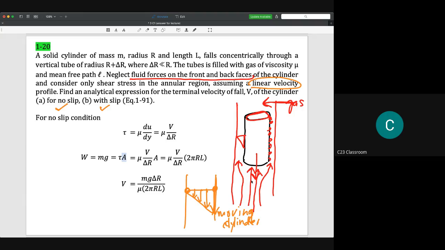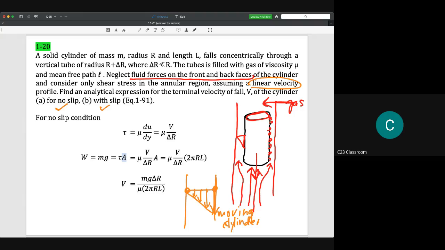You might assume you need to use the value of R, but if you have a lot of parameters, for example R1, R2 and so on, you might be confused about which radius to use. So the idea is that the shear stress needs to be multiplied with the area of the moving parts. So we take the R here. That's why we calculate the area as 2 pi R and L.